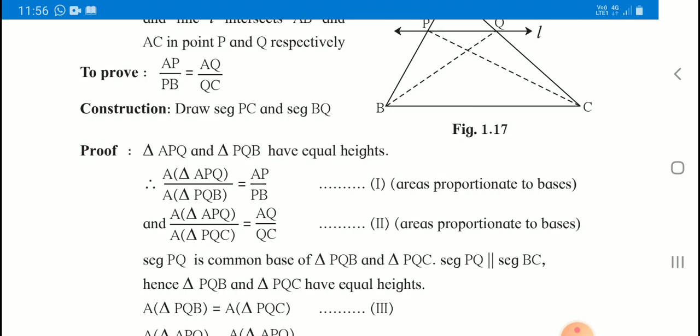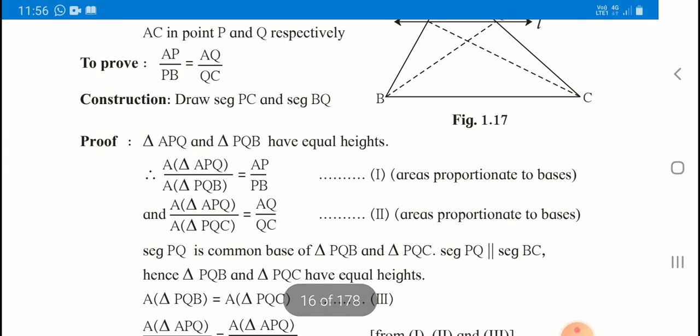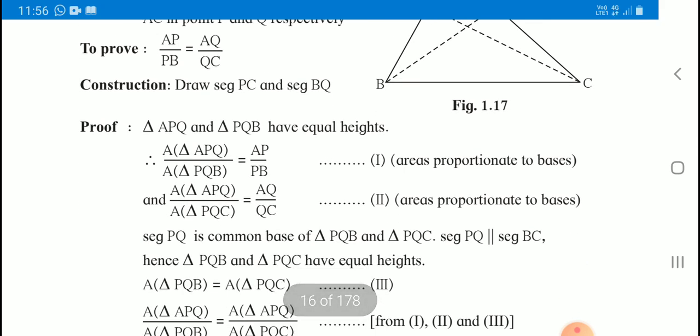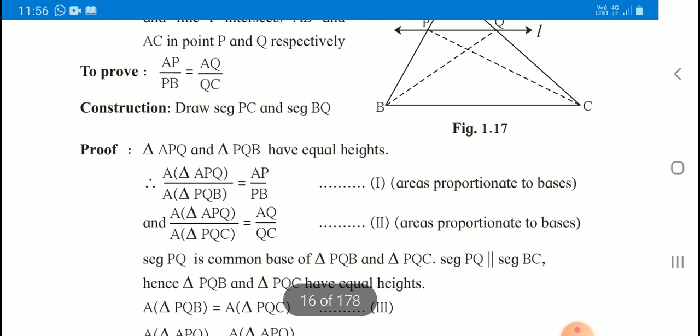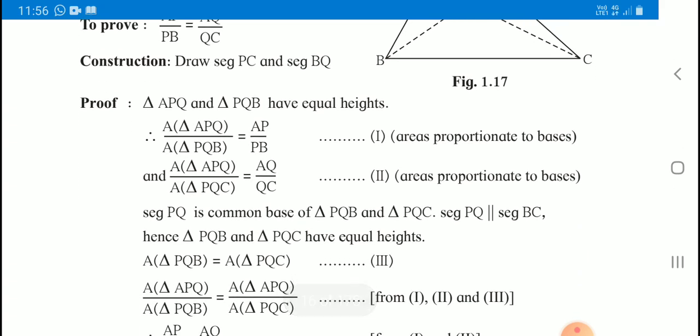Now if you see, PQ is the common base of triangle PQB and triangle PQC. Segment PQ is parallel to segment BC. Hence, triangle PQB and triangle PQC have equal heights. Therefore, we can write that area of triangle PQB is equal to area of triangle PQC. This is our equation number 3.